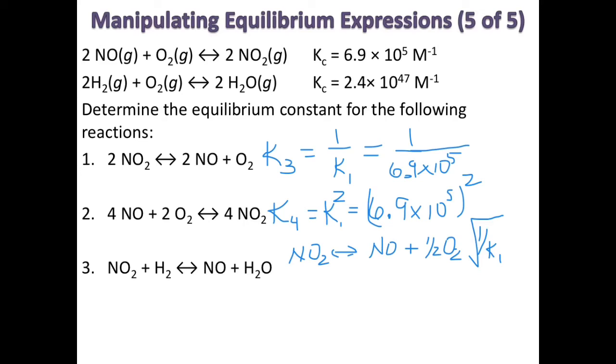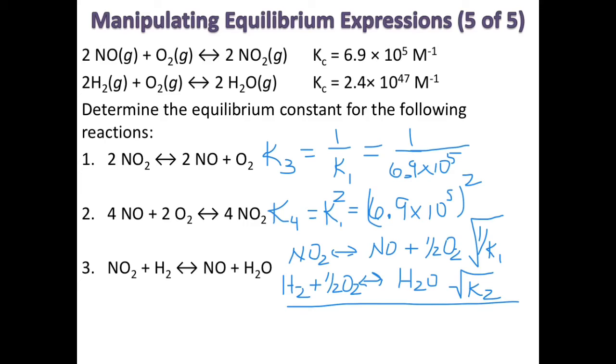The other part is to take H2 plus 1/2 O2 to make H2O. This is half of reaction number 2, so the reaction constant is the square root of K2.